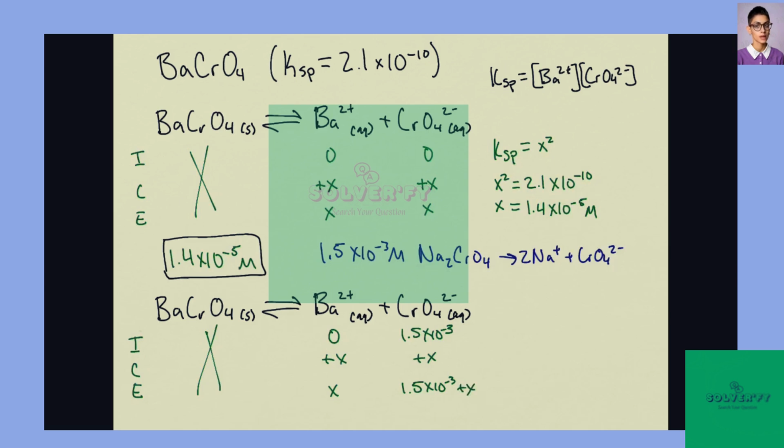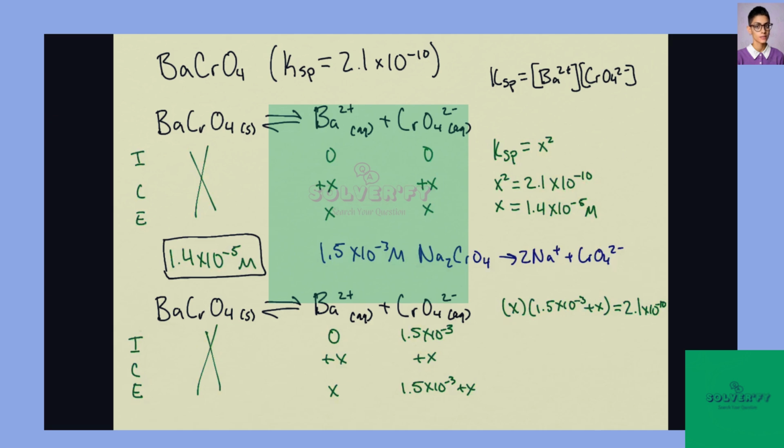Okay, so now our KSP will be x times 1.5 times 10 to the negative 3rd plus x, which will be equal to 2.1 times 10 to the negative 10th, since that's our KSP value. We can make a small x assumption as long as we check it later.